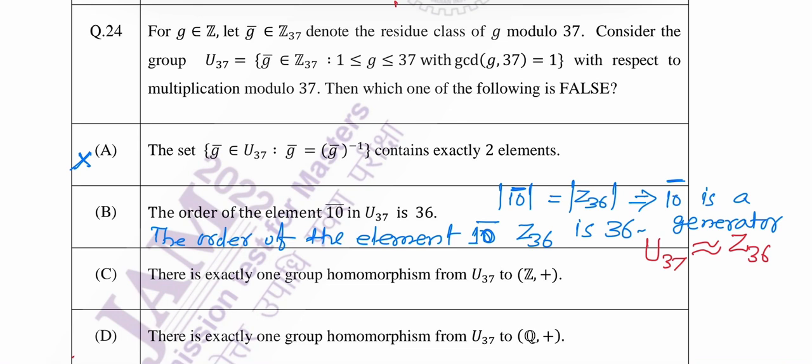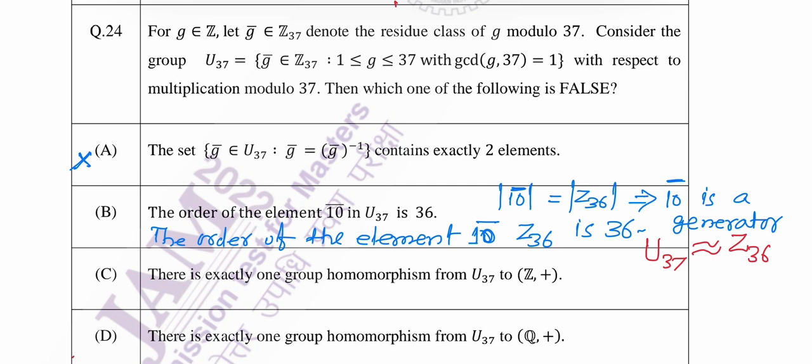Suppose you add 10 plus 10, you get 20. In this way, if you take 10 eighteen times, this becomes 180, and 180 mod 36 is 0.